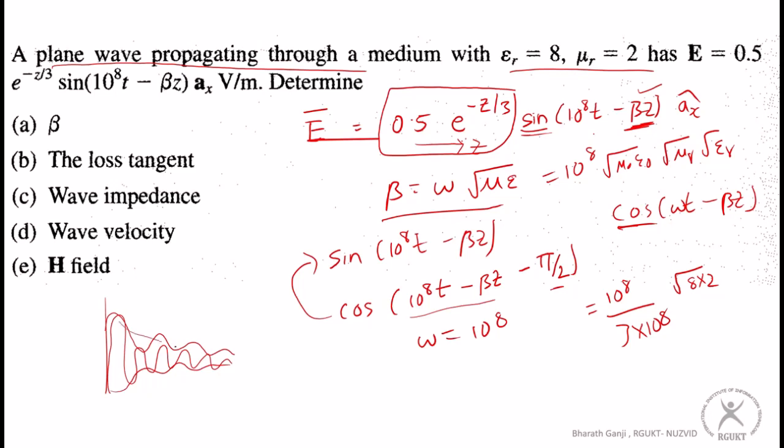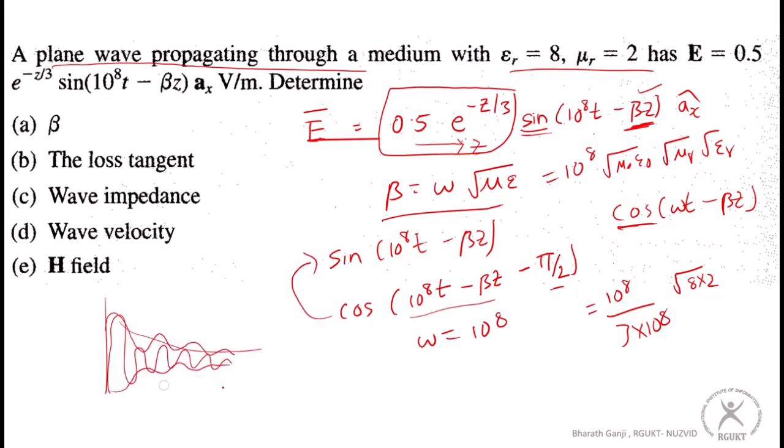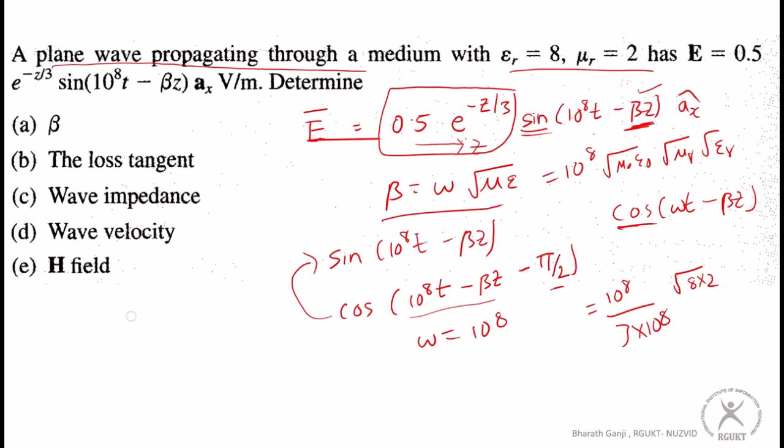Oh sorry, I think the diagram is not so good. So let's say a decaying wave. So it's a decaying wave basically.